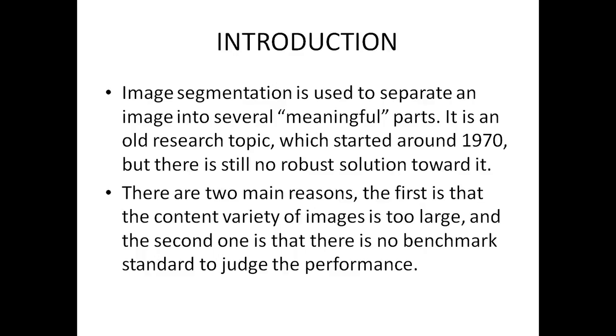After we get some symbolic properties around each pixel, the clustering process is executed to separate the image into several meaningful parts based on these properties. There are also many kinds of clustering algorithms, for example Gaussian mixture model, mean shift, and one that is used in the project, the normalized cut.